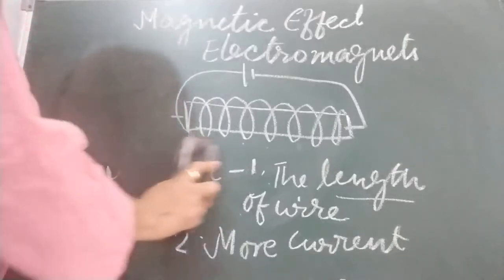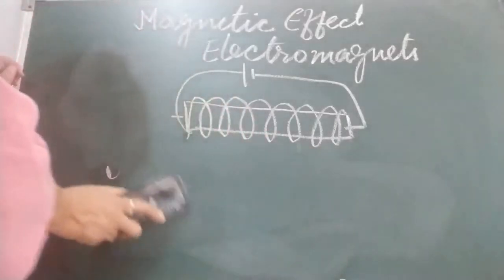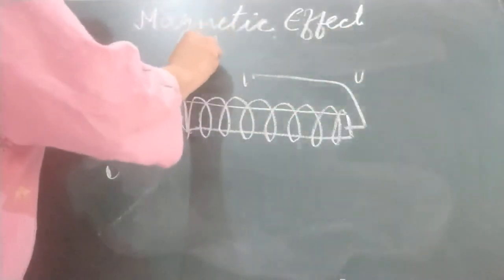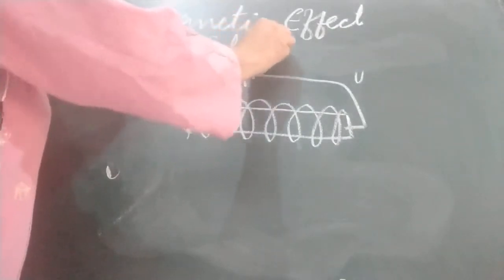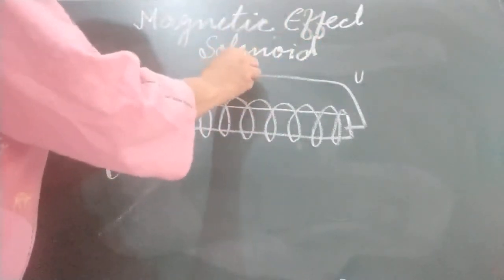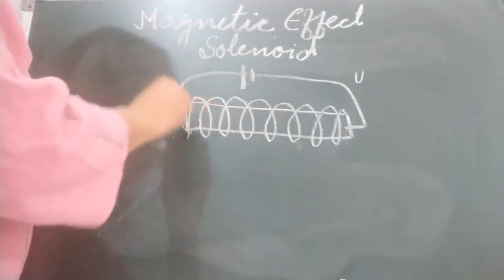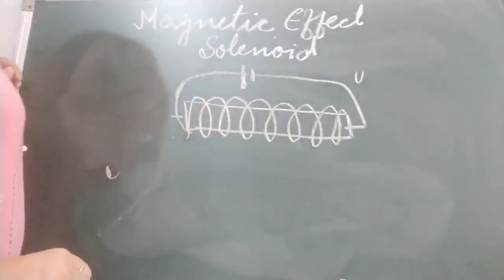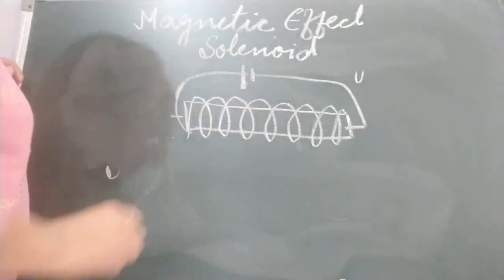What is a solenoid? Now I am going to tell you about the solenoid. A solenoid is an electromagnet. A solenoid is a long wire that has been wound many times in a tight coil around a hollow or solid core.